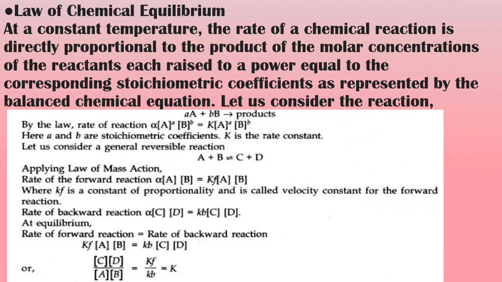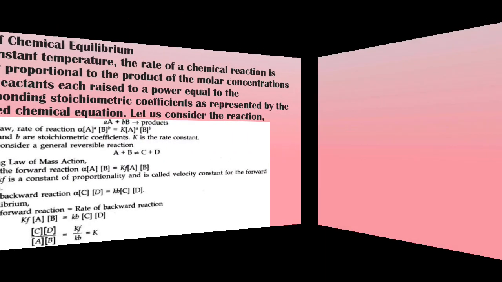So C is raised to the power small c and D is raised to the power small d, upon A raised to the power small a and B raised to the power small b. It is a constant, and this is called Kc, and this equation is known as the equilibrium equation.